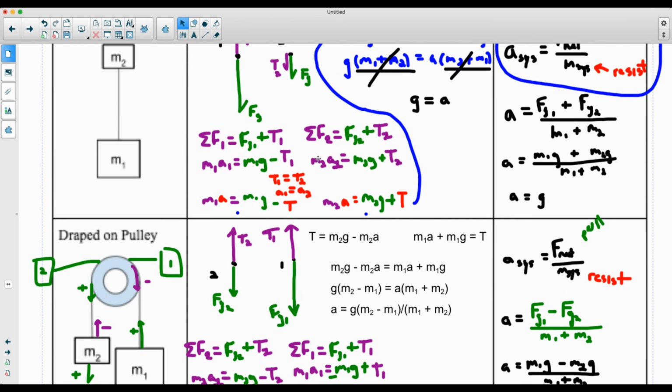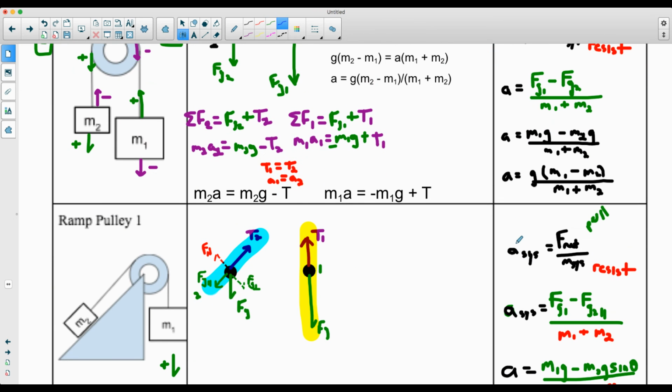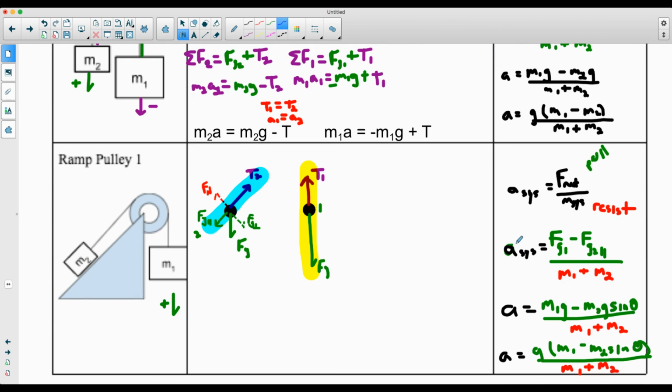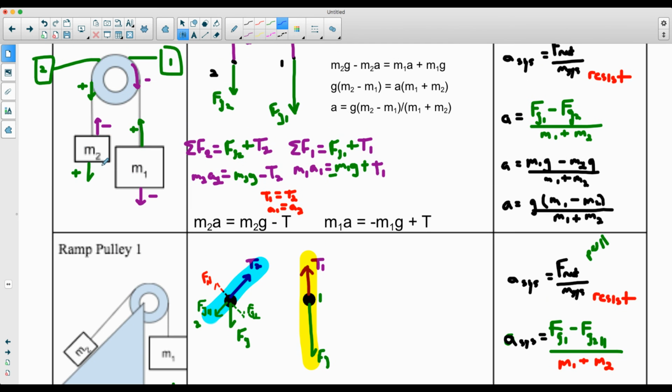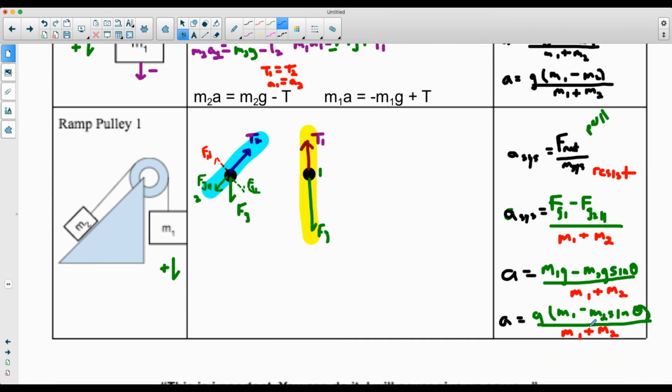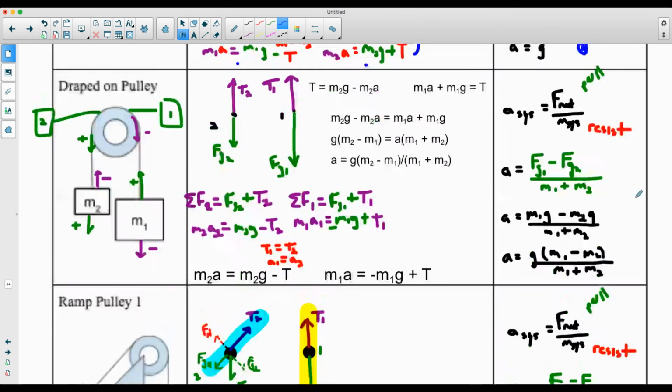Well, clearly this one. This is first place right now. Then between these two, which one is the greater acceleration? Well, the ramp is only pulling against a component of M2's weight, whereas the pulley is pulling against the full M2's weight. So right now, this acceleration is in second place, and this acceleration is in third place.